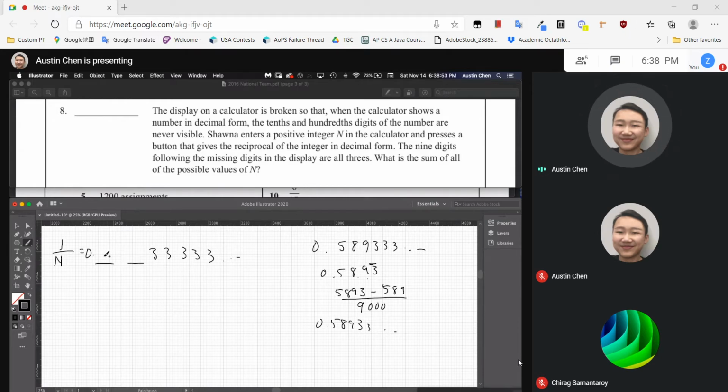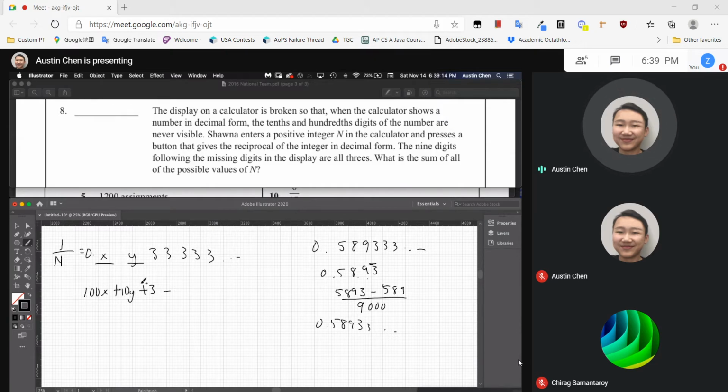So we can apply that here. We can say that this digit is x and this digit is y. So then we can use the fraction thing, and we can say that this will be 100x plus 10y plus 3.